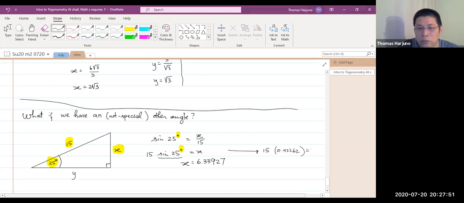If you round it to 5 decimal places and then multiply by 15, I will get x equals 6.3393, rounded to 4 decimal places. But the thing is, this part already has rounding error. So this number here will have compounded rounding error.